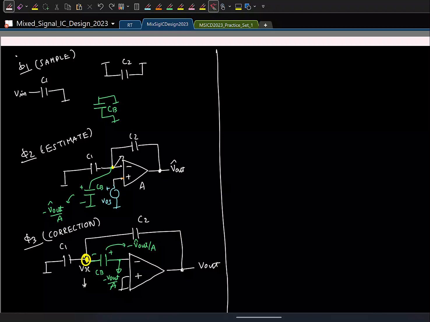C1 Vx. What about C2? C2 times Vx minus Vout. Plus CB Vx. Is that okay? So this will be equal to the charges stored in the same plates in the previous phase. In the previous phase, what are the charges?